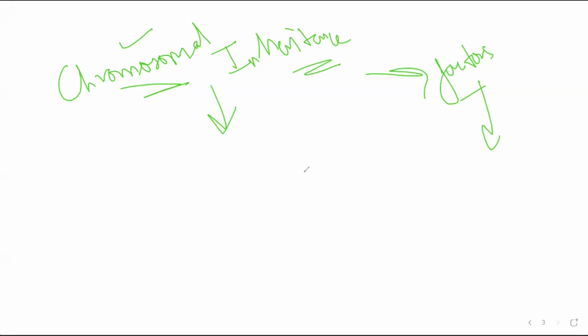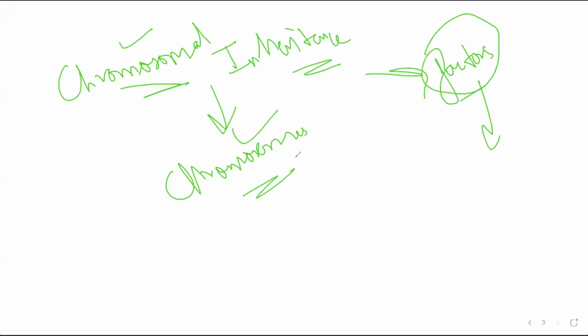It is the same way in which the chromosomes are transferred, and the movement of the chromosomes during the cell division process. So actually the factors were within the chromosome, and now we know that chromosomes are nothing but genes.